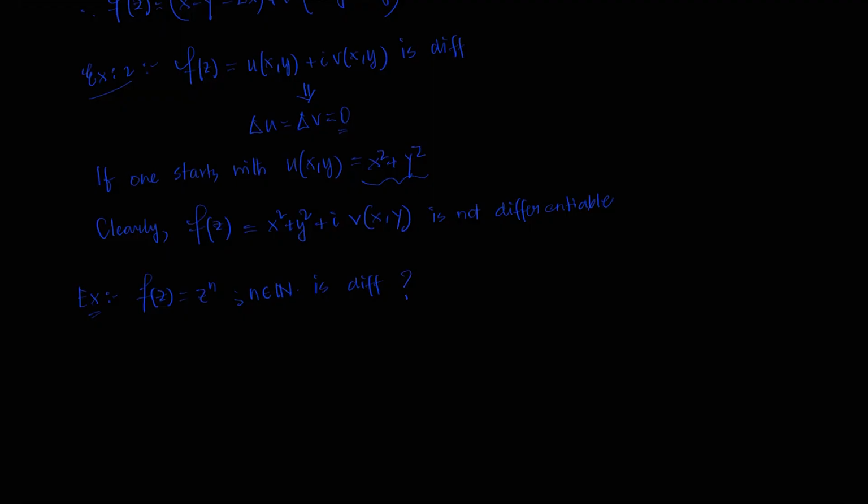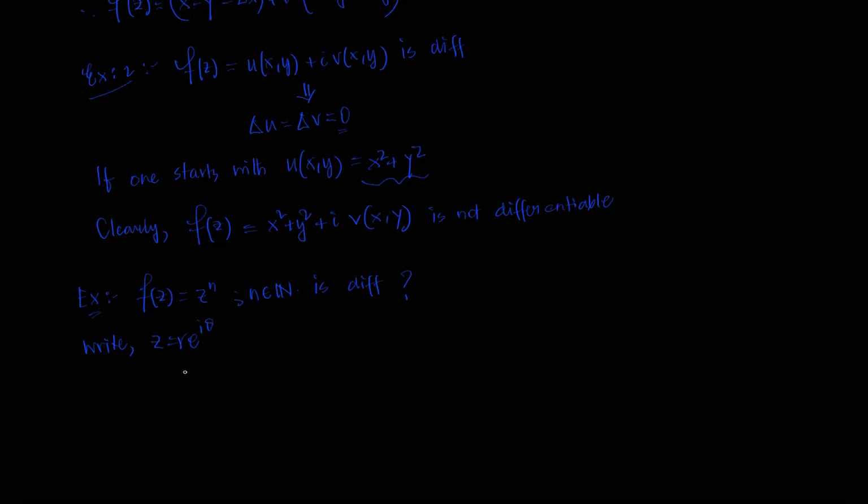So what do you do? The easiest thing you can do is write z in terms of polar coordinates: z is r e power i theta.